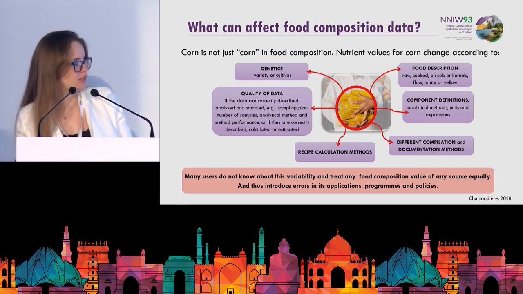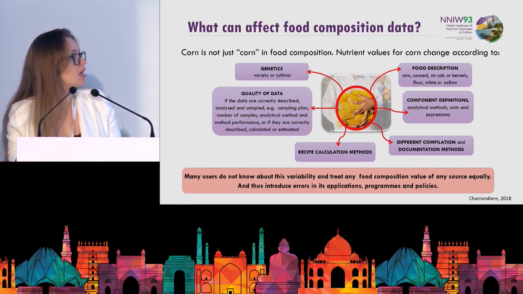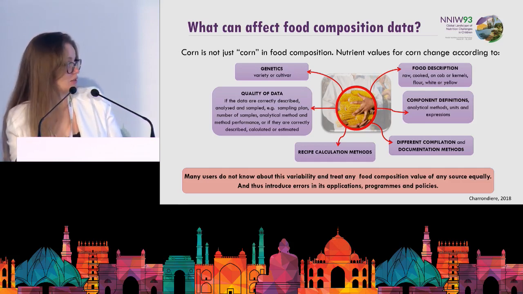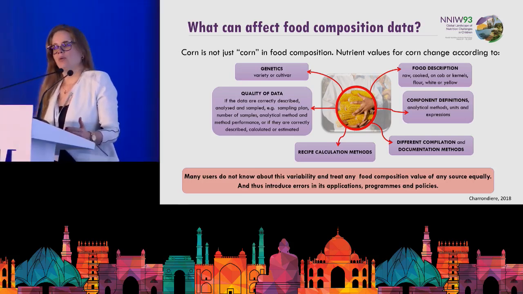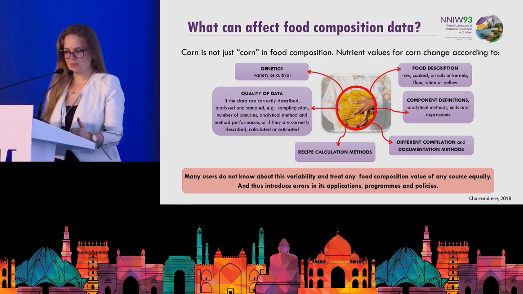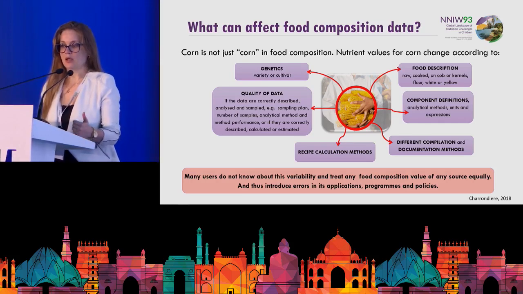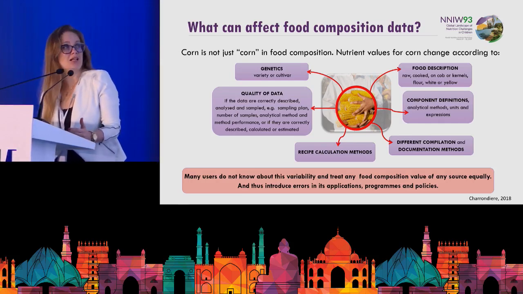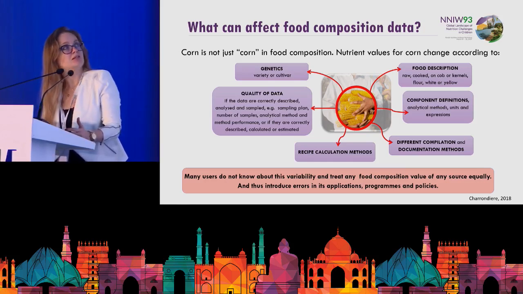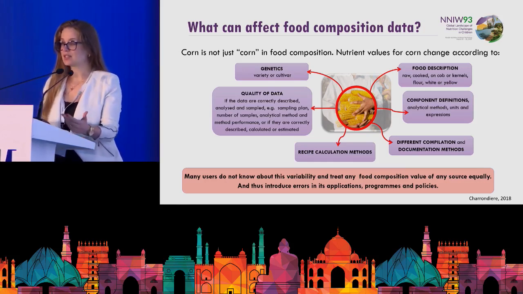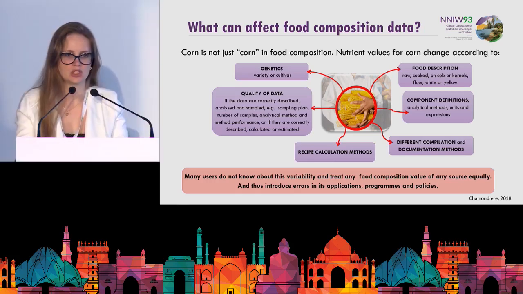We can also have different component definitions, different compilation and documentation methods, different recipe calculation methods. We have different values according to the quality of the analytical data itself. And we also have genetics, meaning that different varieties or cultivars can have different composition.